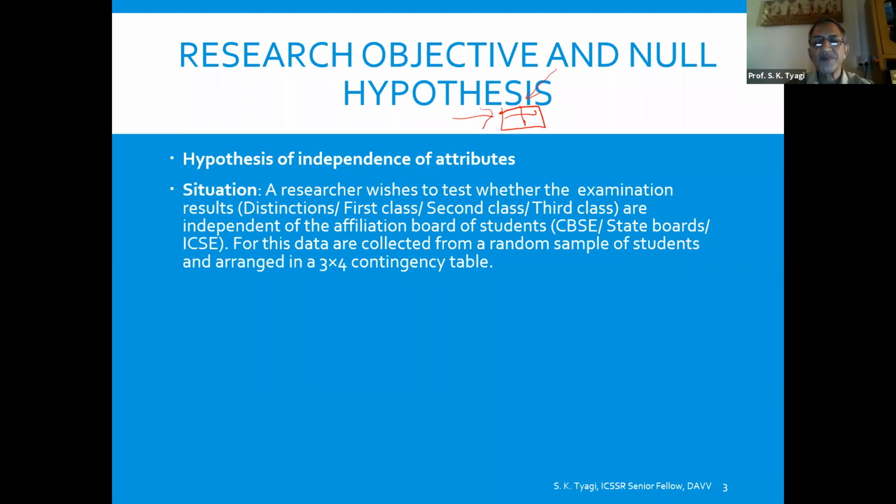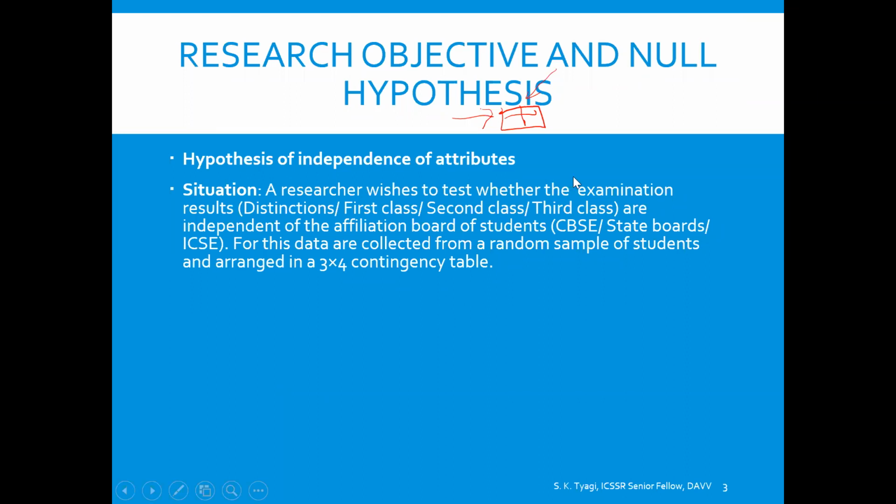So we want to test whether the award of distinction, first class, second class, and third class, are they independent of the board? Are they in proportion of the sample? So this is a situation for cross tabulation with degree of freedom greater than 1.